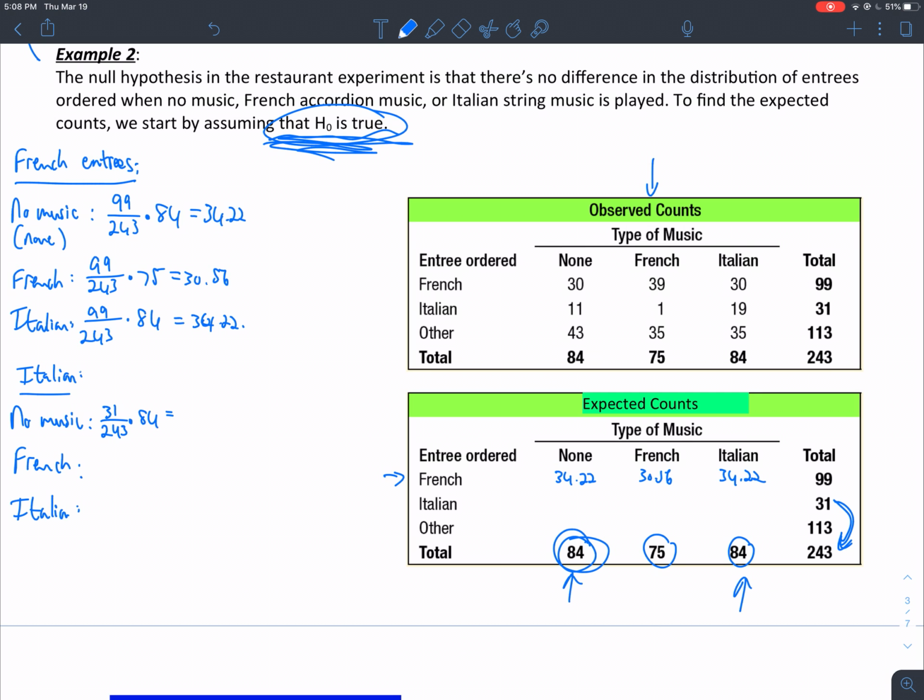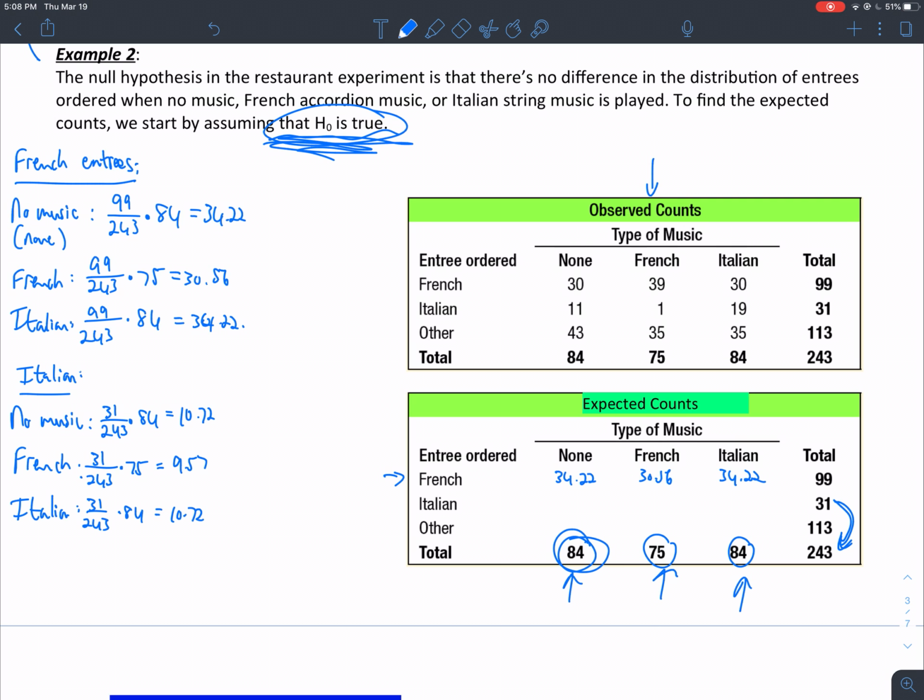That gives me 10.72. Then 31 out of 243 times 75 again, and that gives me 9.57. And then 31 out of 243 times 84 again, and that gives me 10.72.